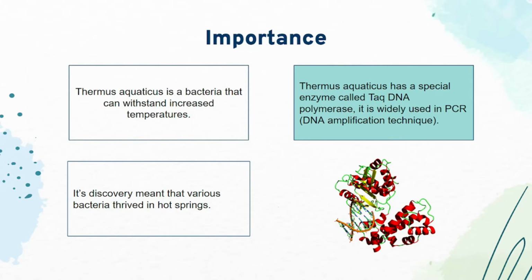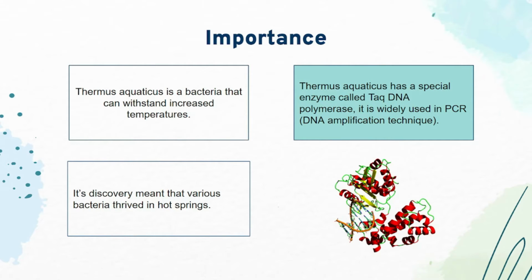The importance of Thermus aquaticus is that it's a bacteria that can withstand increased temperatures, but more than that is that the bacteria has a special enzyme called Taq DNA polymerase, and it's widely used in PCR, that is a DNA amplification technique.